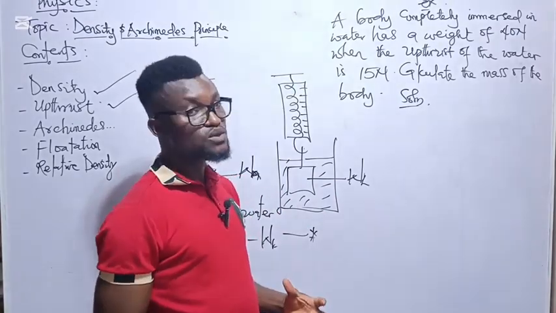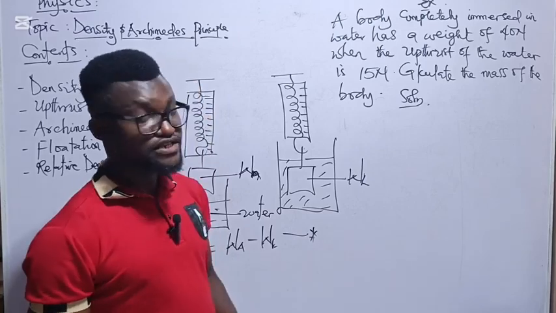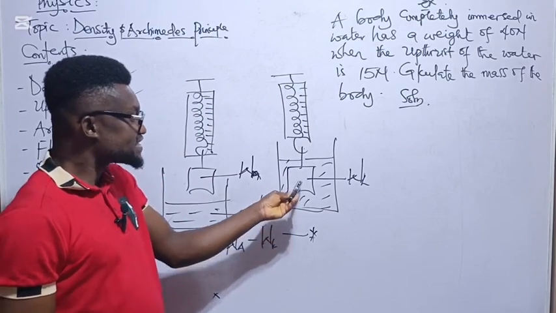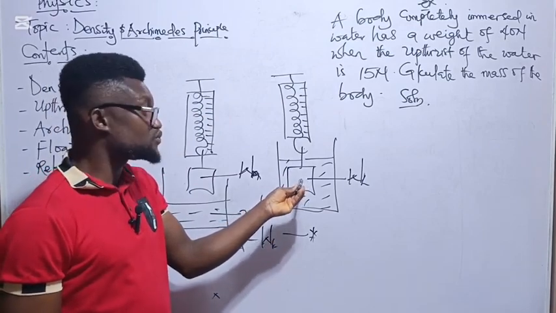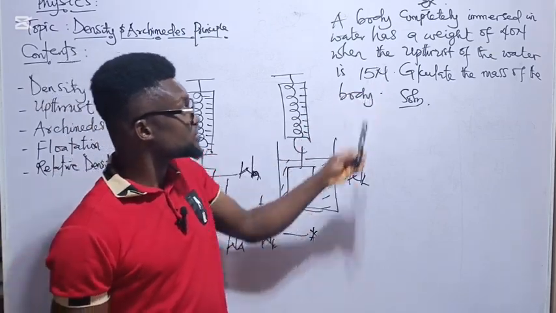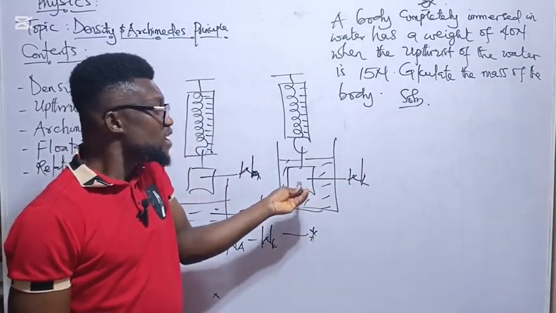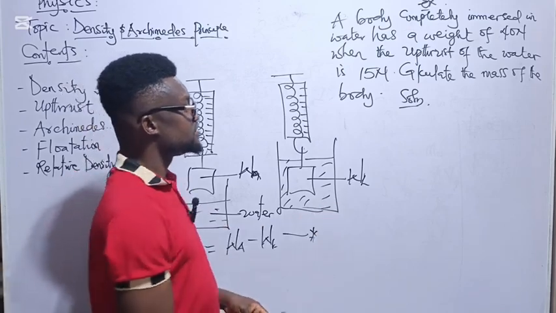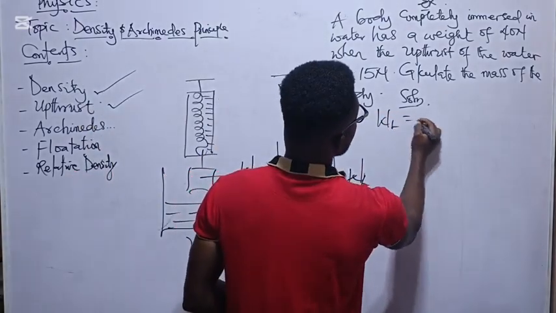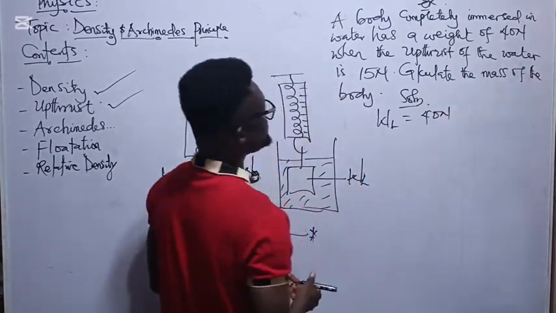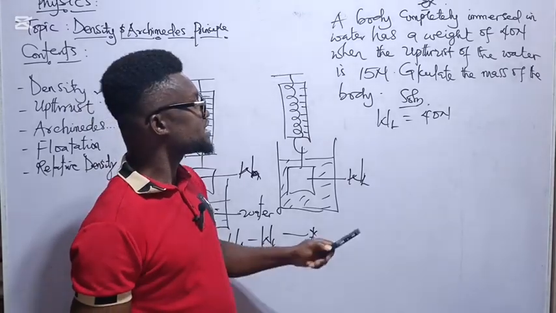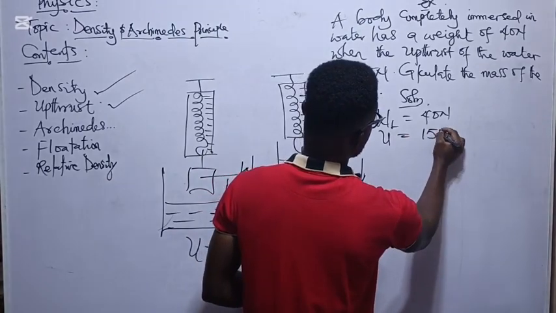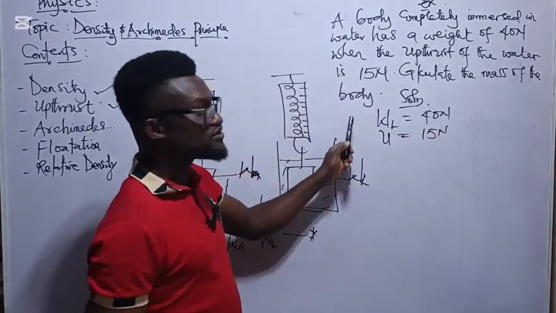Hence, when the body was immersed, its weight is 40 Newton, which means the weight they are talking of is the weight of that very body in liquid, which is WL. Hence, we have the weight in liquid as 40 Newton. When the upthrust of the water is 15 Newton, so the upthrust now is 15 Newton. Now calculate the mass of the body.